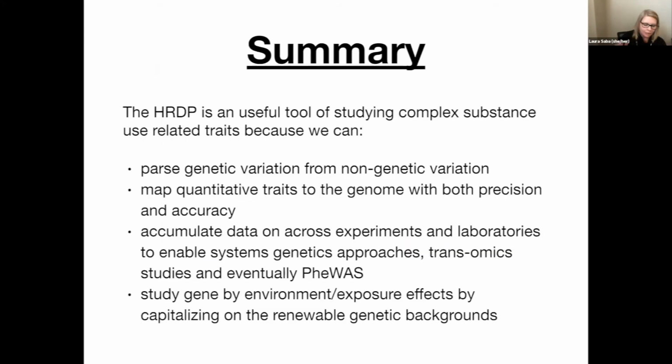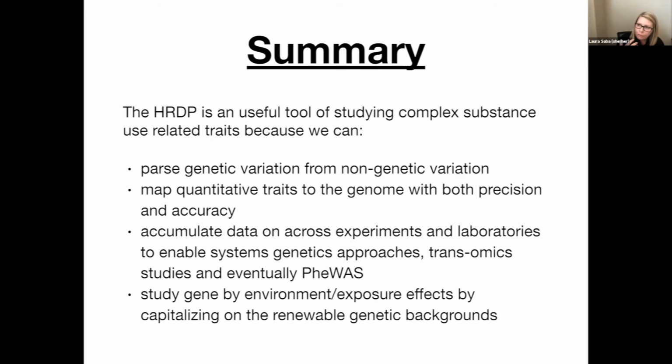So I just want to conclude real quick that hopefully we've explained what the HRDP is to you, and what we think some of the advantages are. Just as with any panel, there are advantages and disadvantages, but a few of the advantages of the HRDP are that we can parse that genetic variation out.